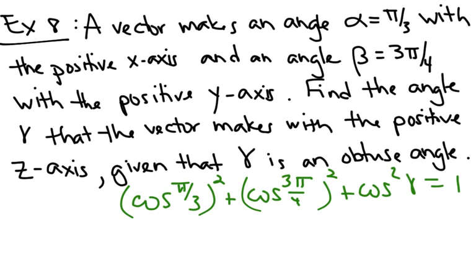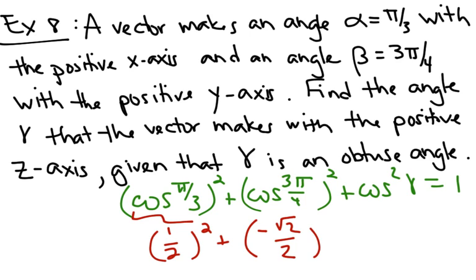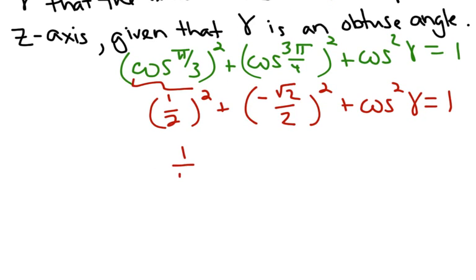Well, we know the cosine of pi over 3 is 1/2. The cosine of 3 pi over 4, because that's in the second quadrant, is negative square root of 2 over 2. Now I'm going to square those and add them. So I get 1/4 plus 1/2.